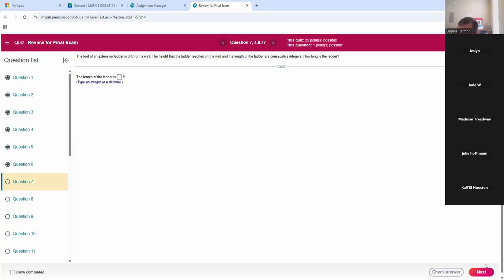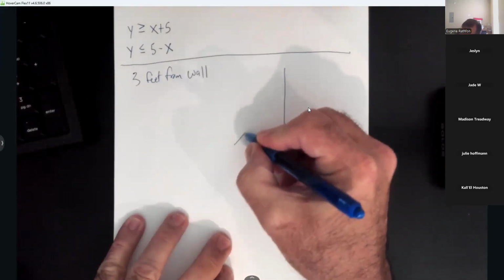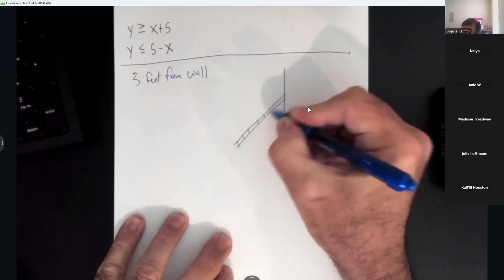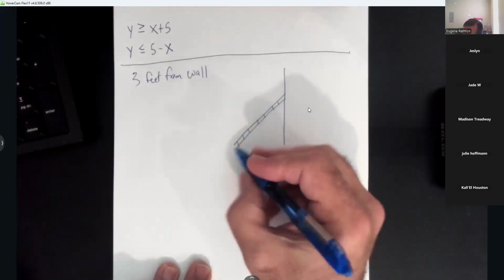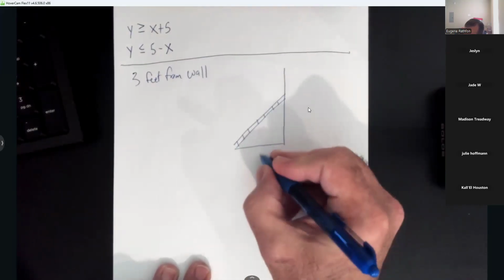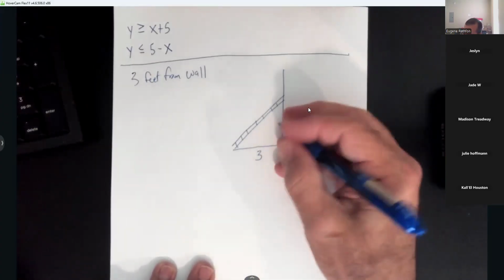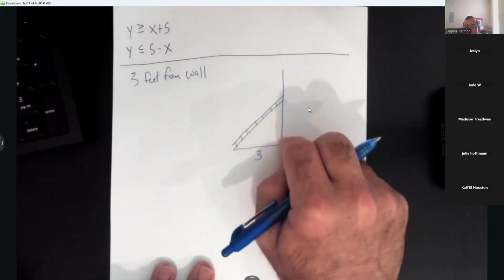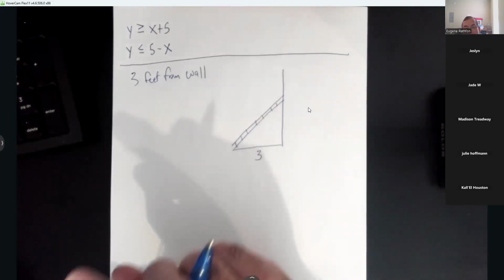All right, so let's draw this picture. We got a wall over here. I've got a ladder leaned up against the wall. And I know that the foot of this ladder is 3 feet from this wall. So I know this side is definitely 3 feet. Now, they said the height the ladder reached up on the wall here and the length of the ladder are consecutive integers.